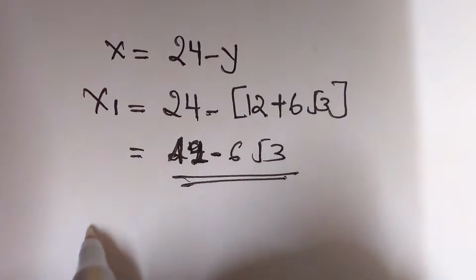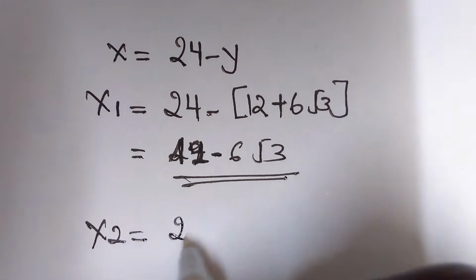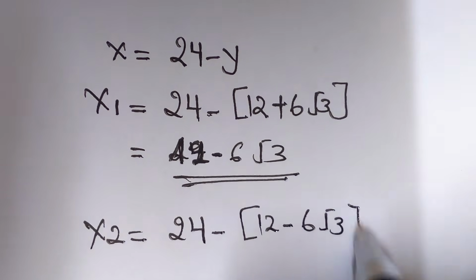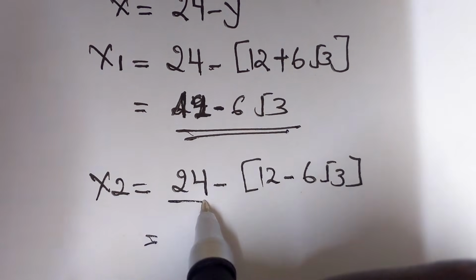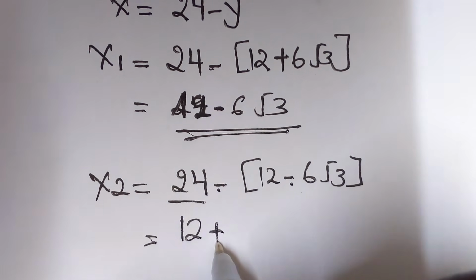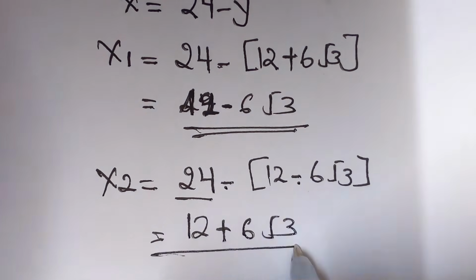And x2 will be 24 minus 12 minus 6 square root of 3, which is 24 minus 12, that is 12, negative times negative, plus 6 square root of 3.